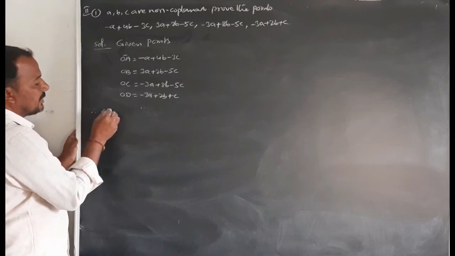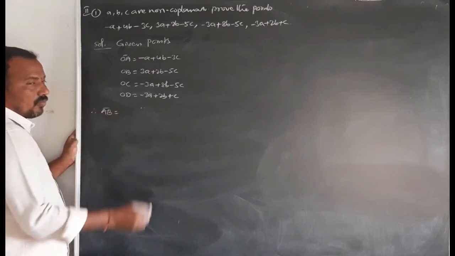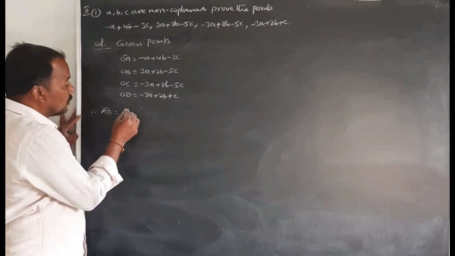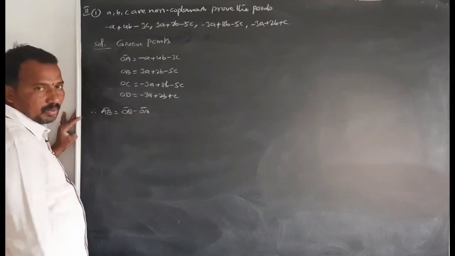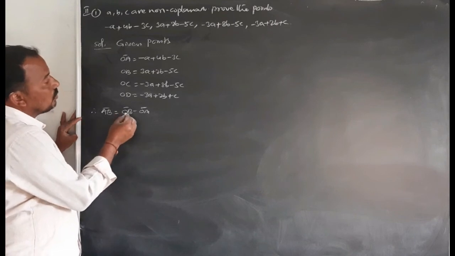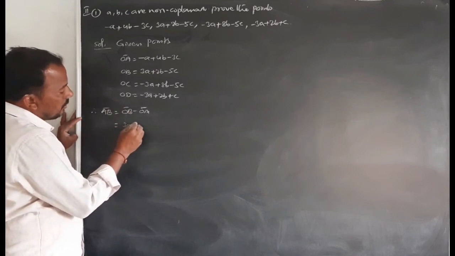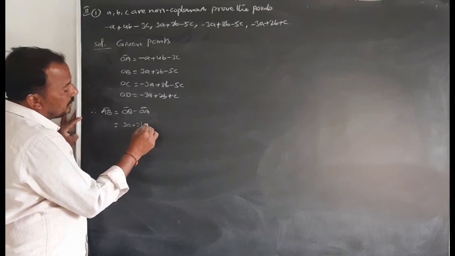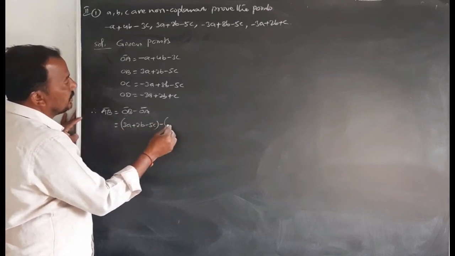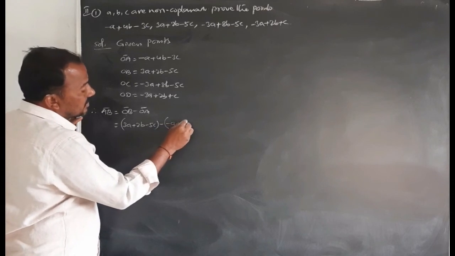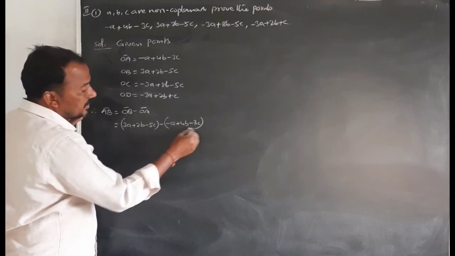Now find AB. AB equals OB minus OA. What is OB? 3a plus 2b minus 5c minus OA, minus a plus 4b minus 3c.